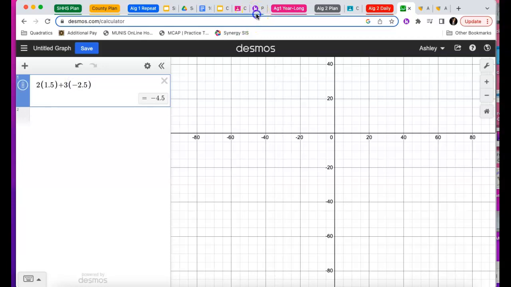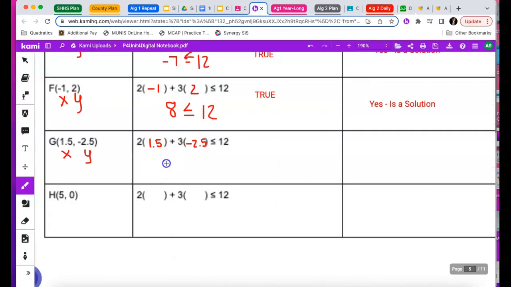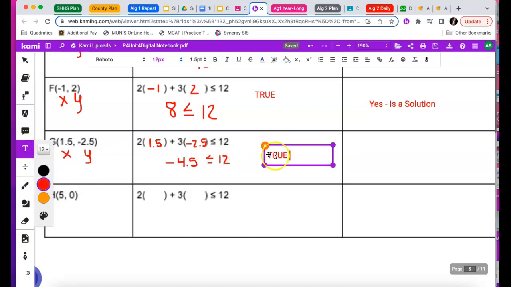That gives us -4.5. Is -4.5 less than or equal to 12? It is less than, which makes it true. So yes, that point is a solution.